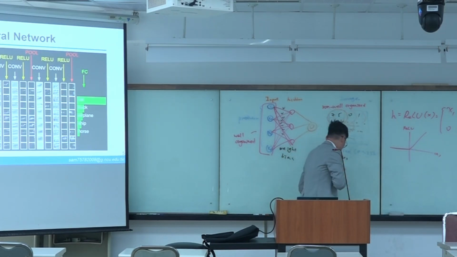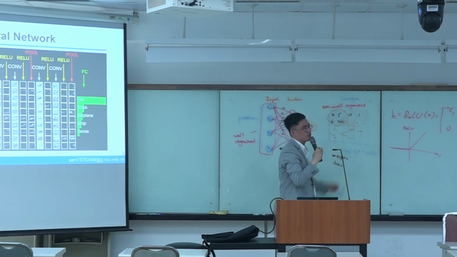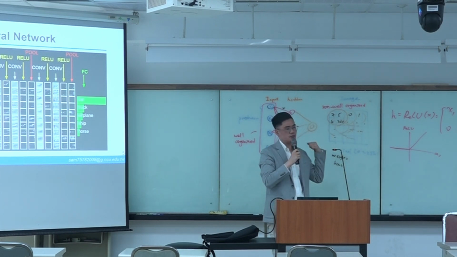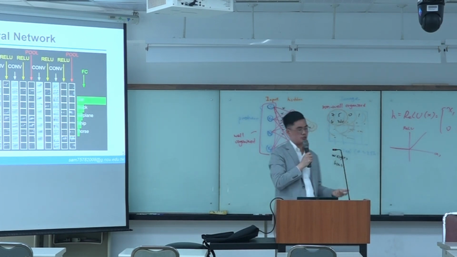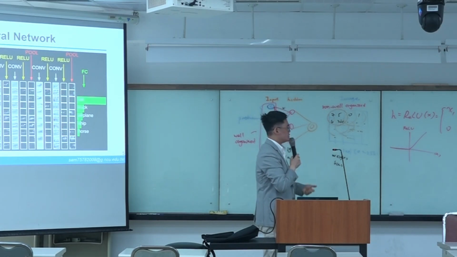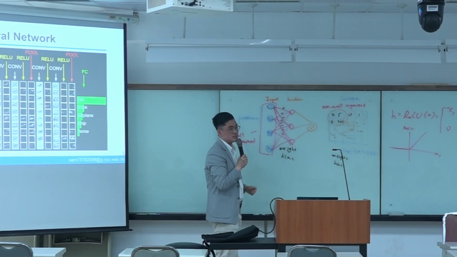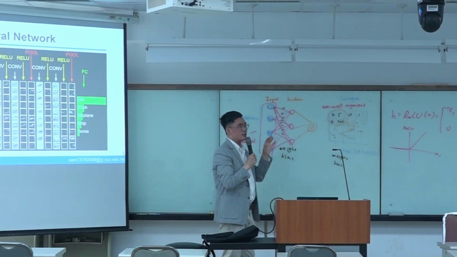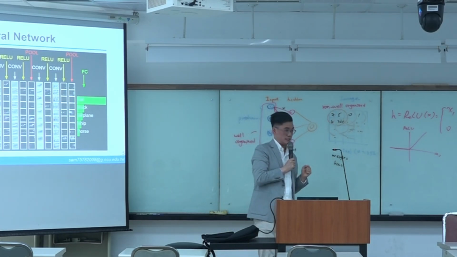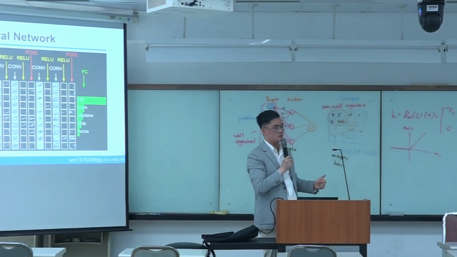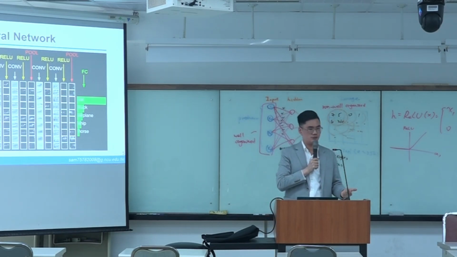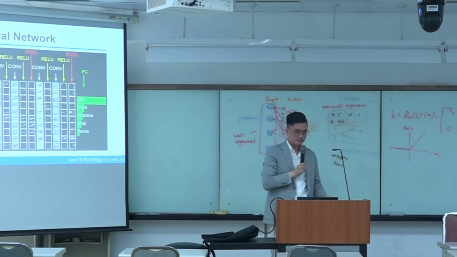So it tries to emphasize the more important features from the input, from the previous neurons. So when you have a lot of ReLU after all these neurons, after the convolutions, it introduces some nonlinearity. That's what we call the activation function, right? Okay.